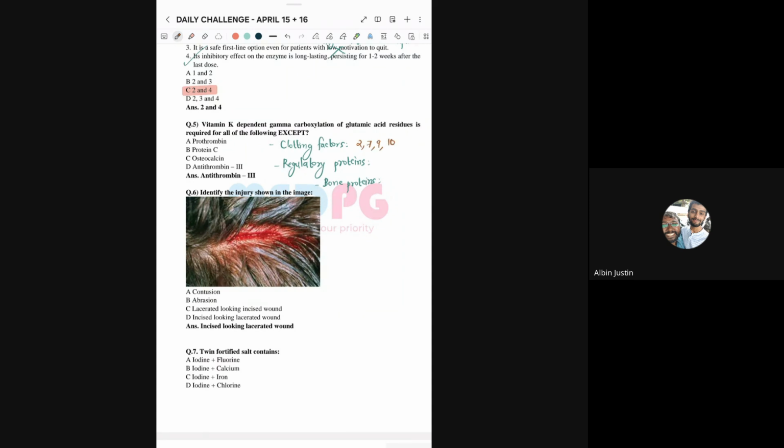2, 7, 9, 10. And what are the regulatory proteins? Protein C and protein S. What are the bone proteins? Osteocalcin. Yeah, very good. You will see protein C, protein S somewhere else also.